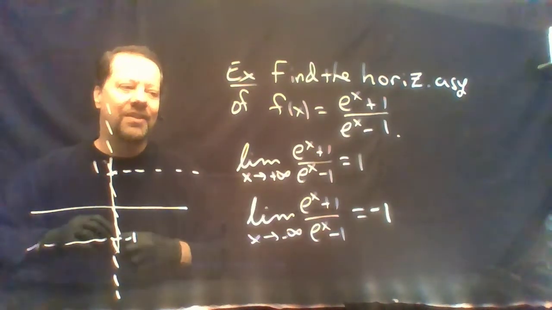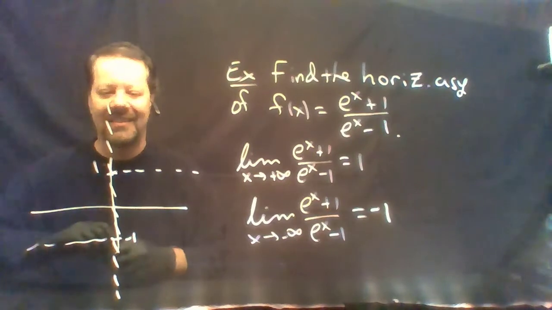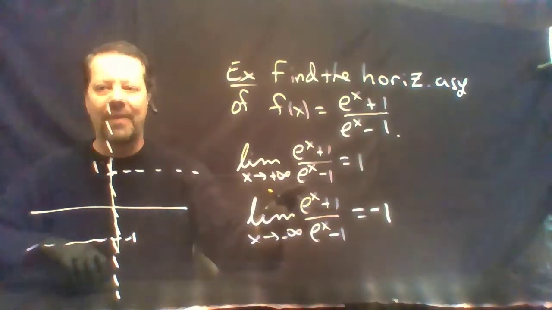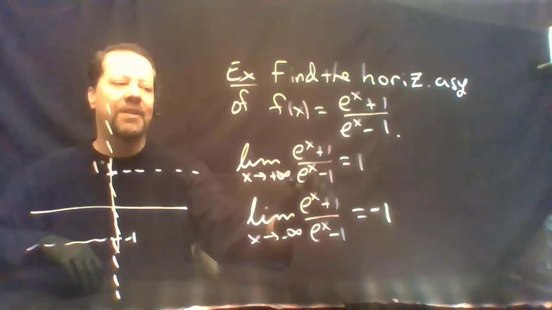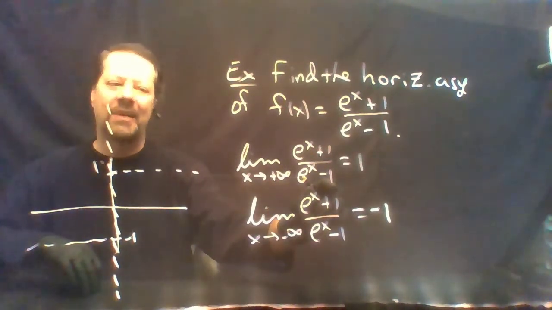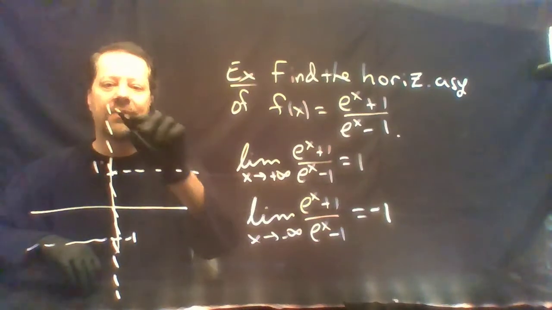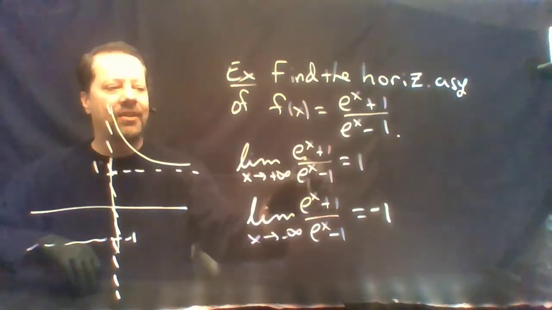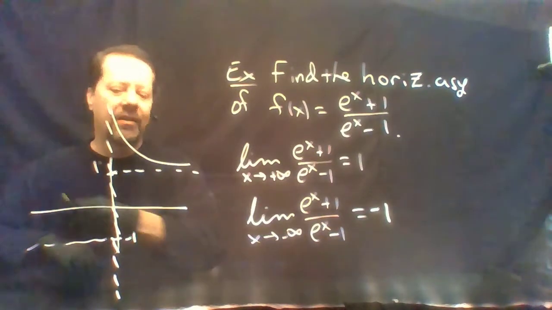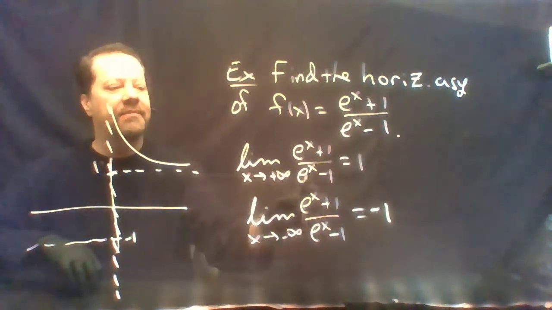So what does this function actually look like? If you're to the right of 0, e to the small positive number is a number that's slightly bigger than 1. We get positive and tiny. The numerator is always positive. The thing must go to plus infinity as you go to 0 from the right. What happens as you go to 0 from the left?